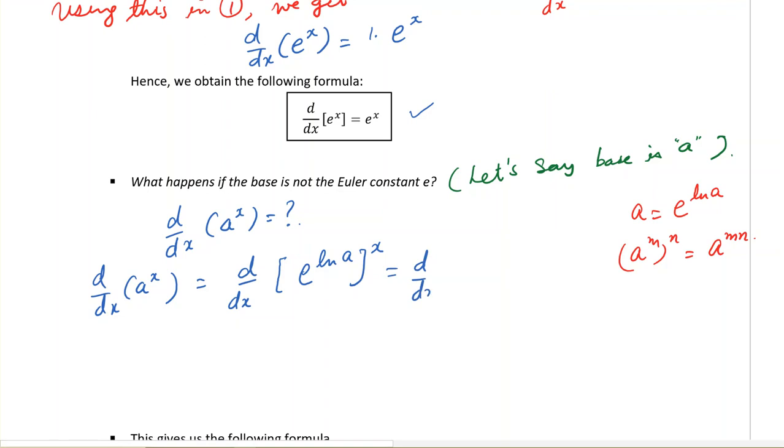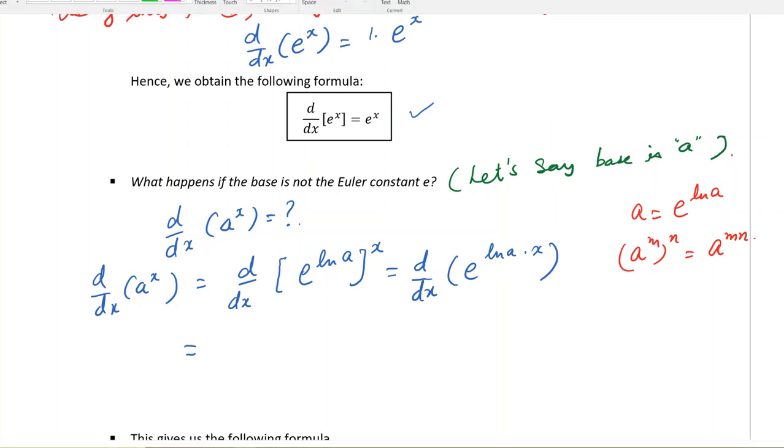So d over dx of this is d over dx of e raised to power ln a times x. And ln a you can consider just as a constant. So the derivative of e raised to power x is e raised to power x, but now in place of x we have a whole different expression.